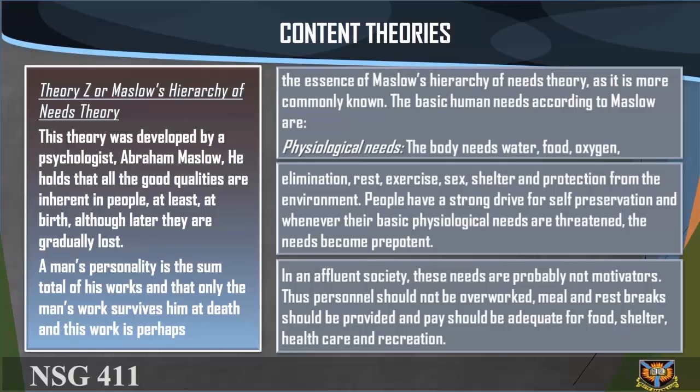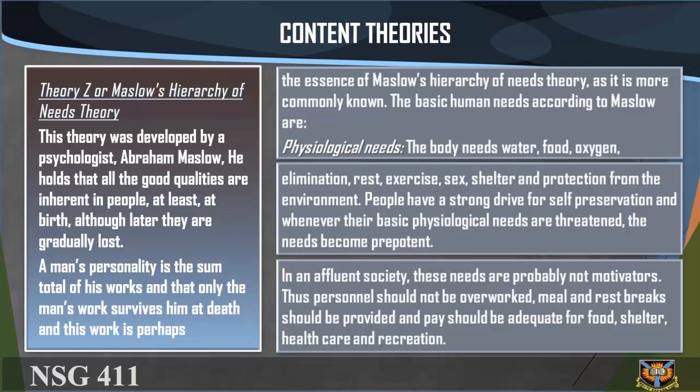The basic human needs according to Maslow are: physiological needs. The body needs water, food, oxygen, elimination, rest, exercise, sex, shelter, and protection from the environment.